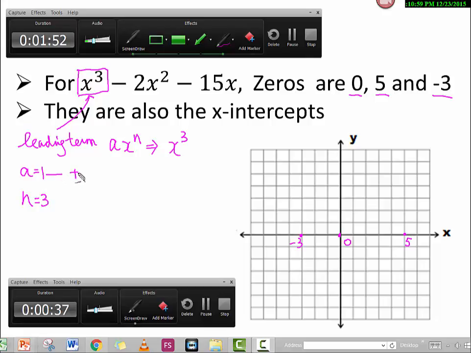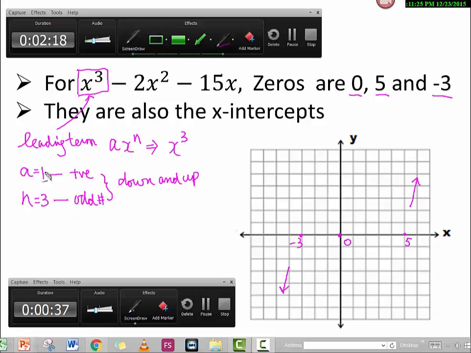So a is a positive number, 3 is an odd number. So these two pieces of information will tell you the end behavior of this polynomial function is going to be down and up. So in the graph it's going to be down and it's going to be up right here.